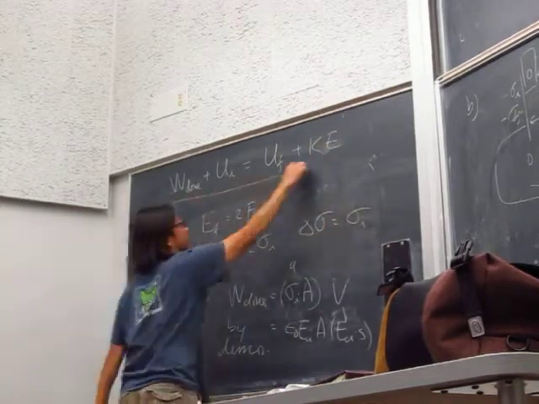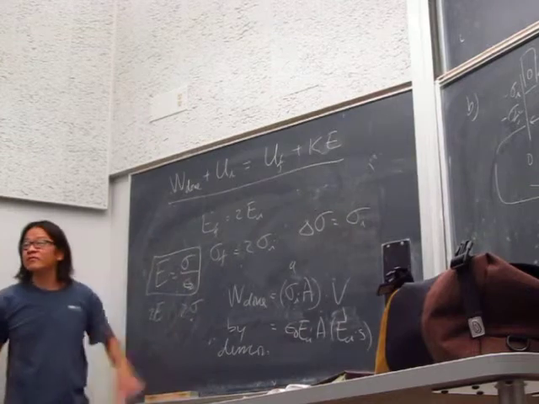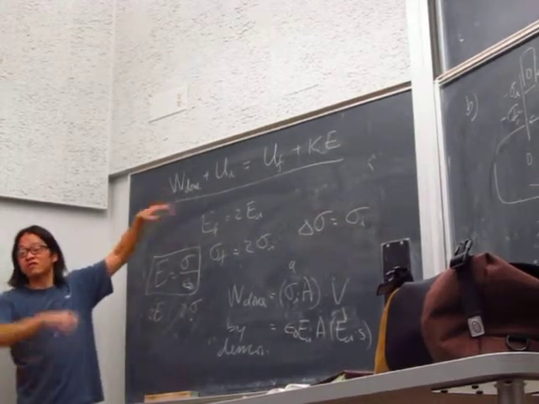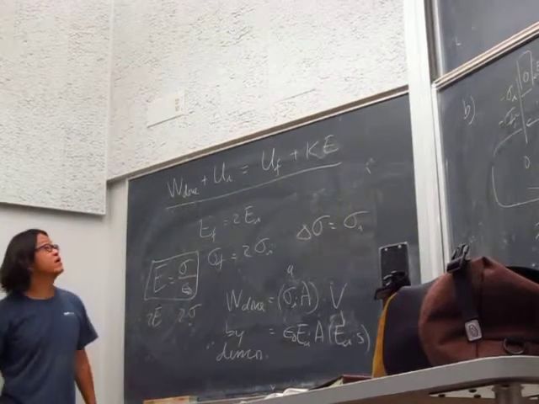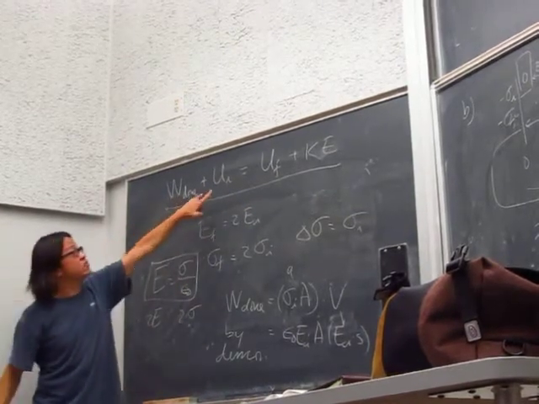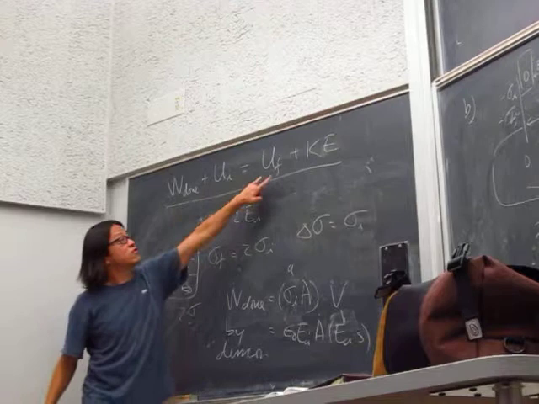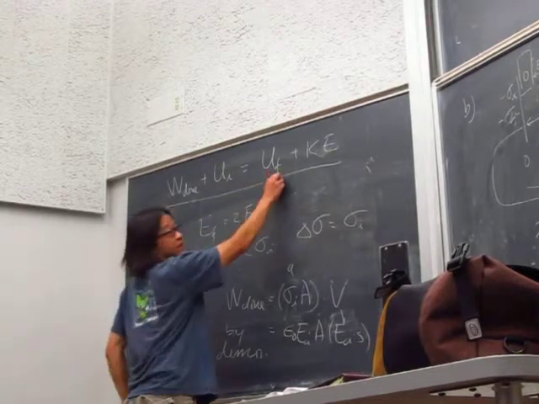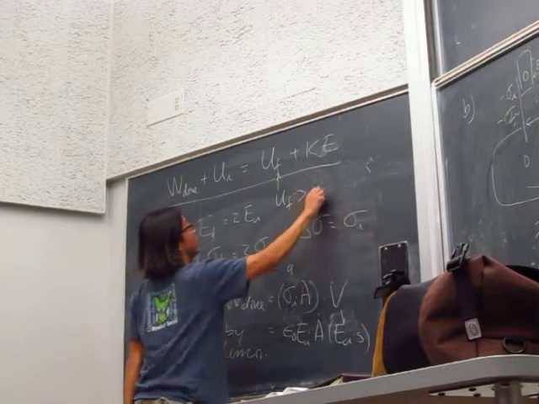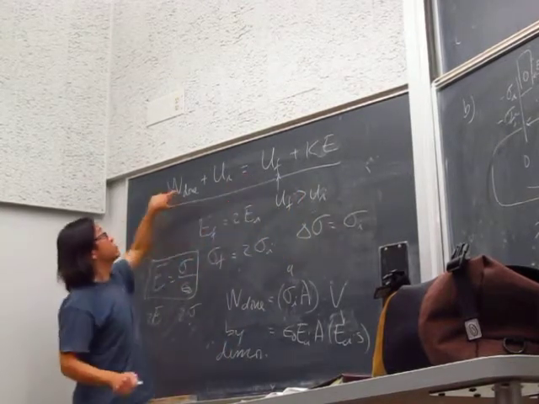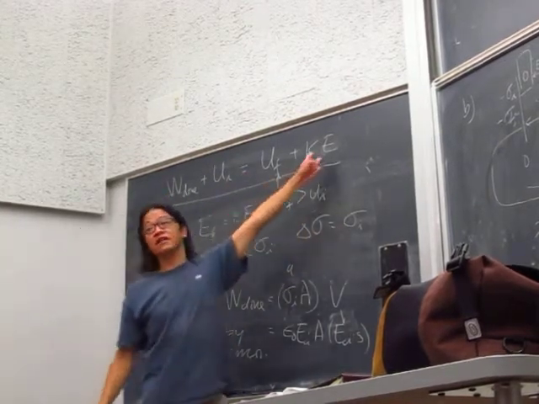This is just conservation of energy, right? For now you take it as true, but you can show this. So you can calculate the work done, you know the initial energy, you know the final energy. This U final is greater than U_i, but you supply some work, and then you still get kinetic energy out.